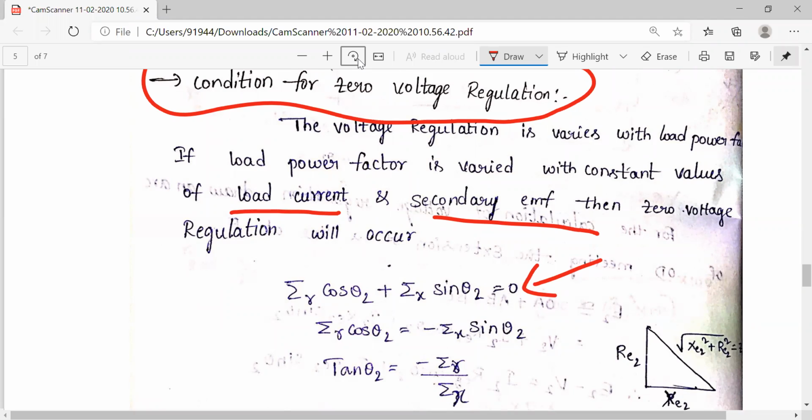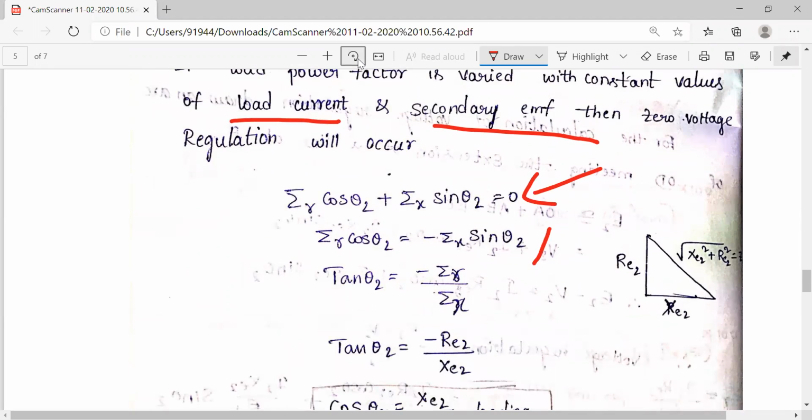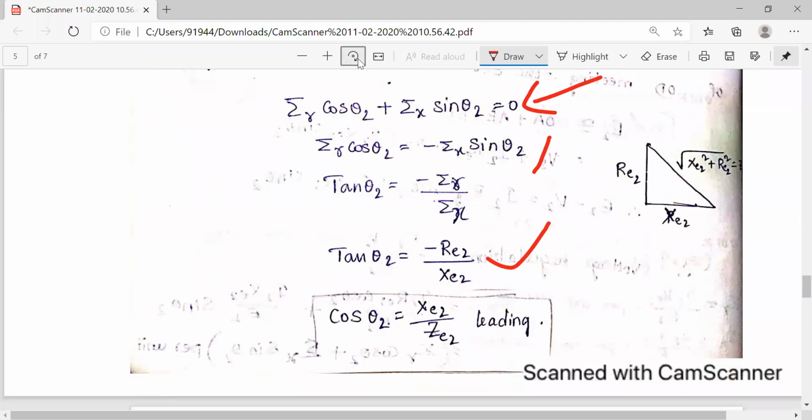From this calculation, tan theta equals sigma R by sigma X, which in terms of resistance and reactance is the tan theta value. So cos theta equals X equivalent of 2 by Z equivalent of 2.